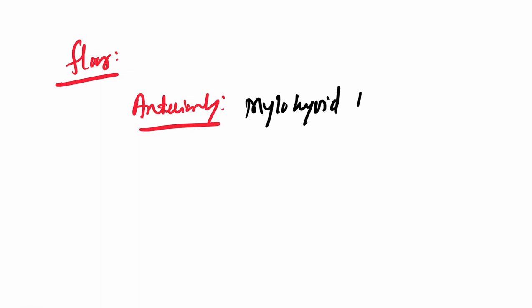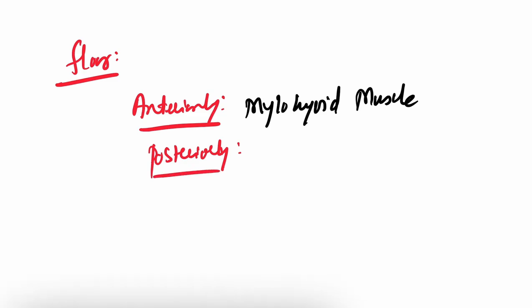The floor of the triangle is formed by the mylohyoid muscle anteriorly and posteriorly by the hypoglossus muscle.